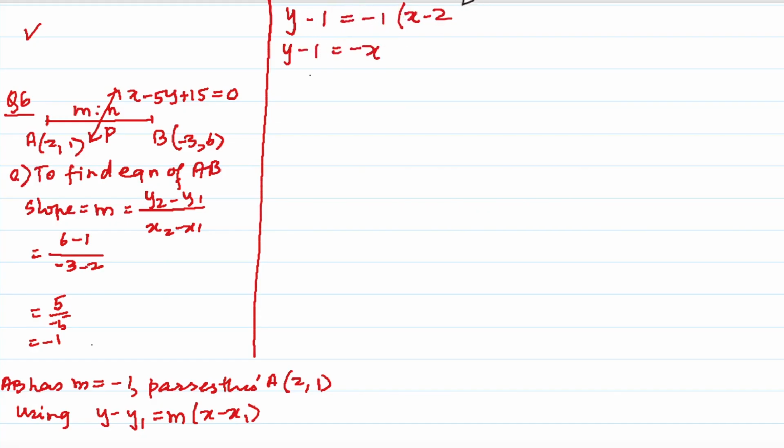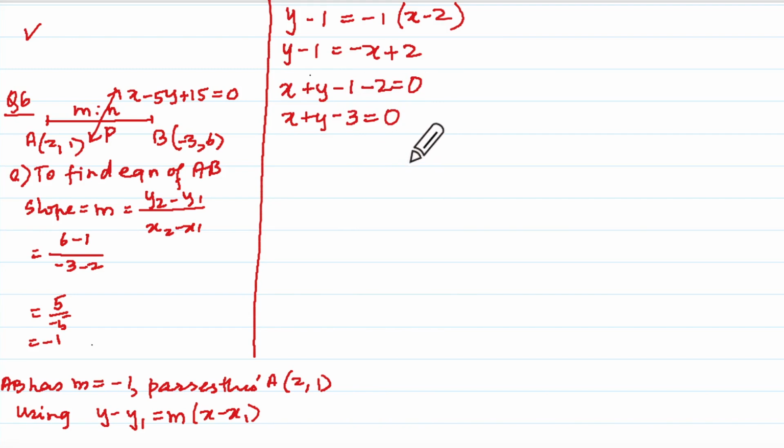Simplify it. Keep x positive. Don't bring y on the right hand side. Take x on the left hand side. So x plus y minus 1 minus 2 equal to 0. Understanding? x plus y minus 3 equal to 0. What is that?